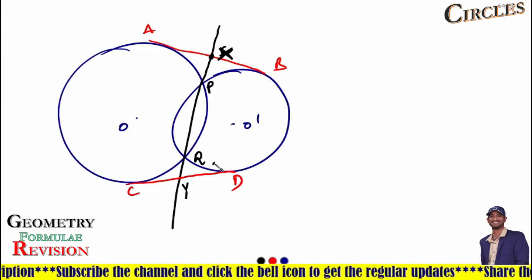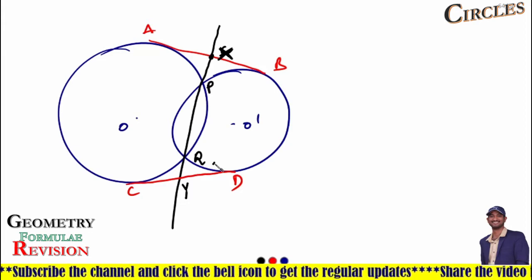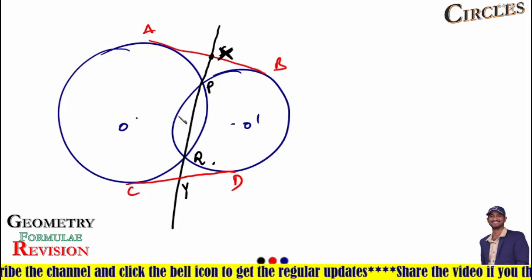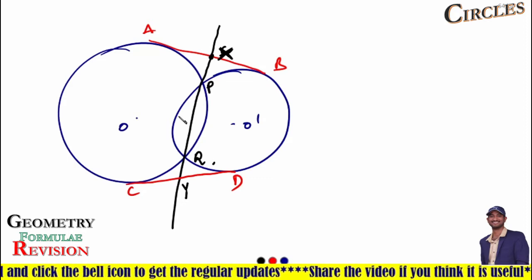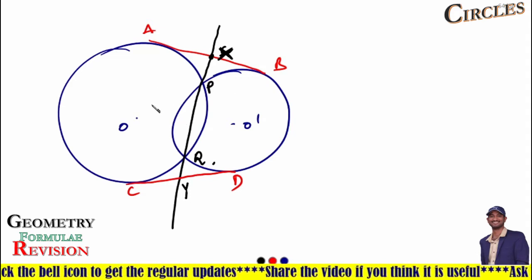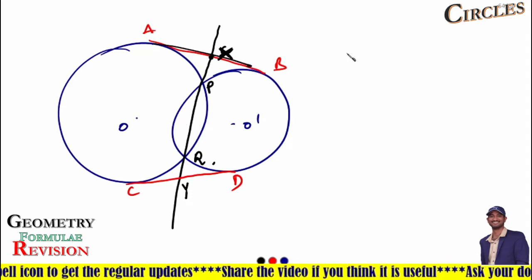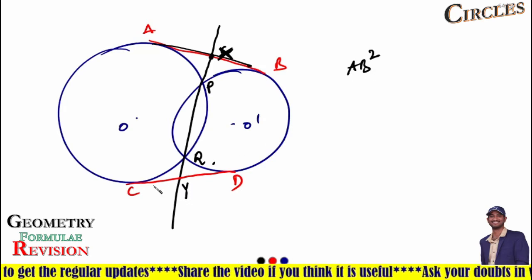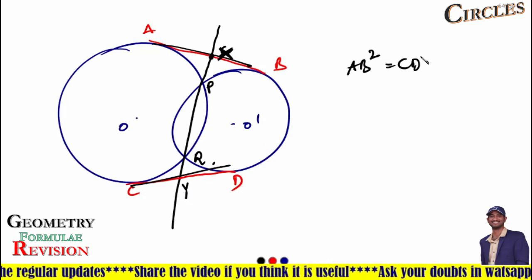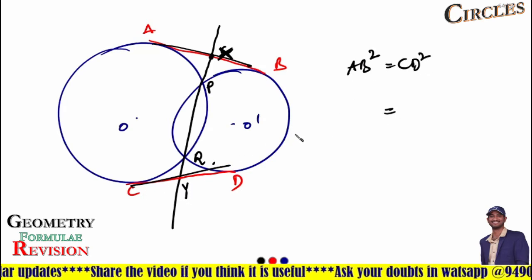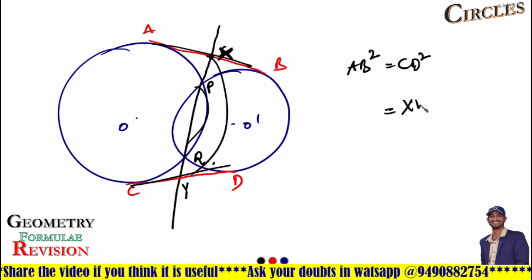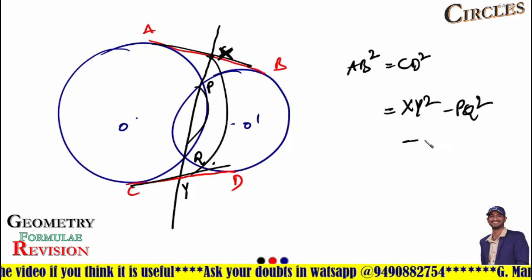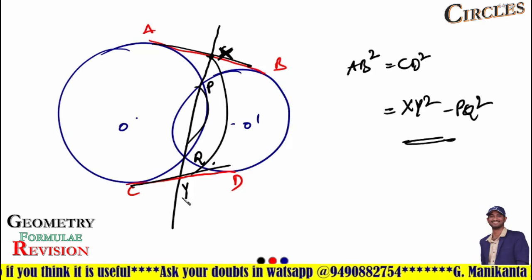Common chord means it is a chord for both circles. In intersecting circles, the common chord is nothing but the line joining the intersecting points. Now, in this case, AB square or CD square, both are equal to XY square minus PQ square. Very, very important: XY square minus PQ square.